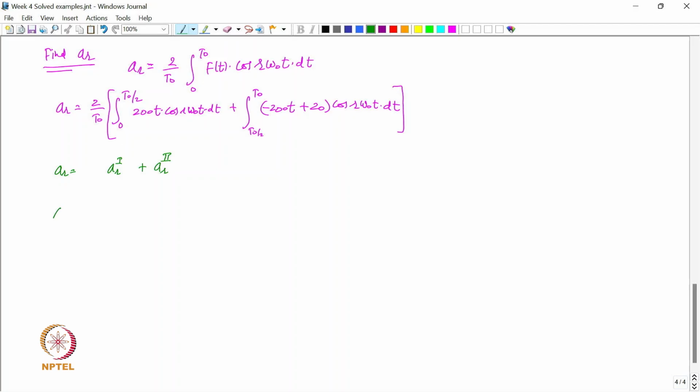So let us first find the integral a r1, which is equal to 2 upon t naught, I can take 200 outside, 2 into 200, right. Then I have integration from 0 to t naught by 2 and then t cos r omega naught t dt, correct. That is what we have.